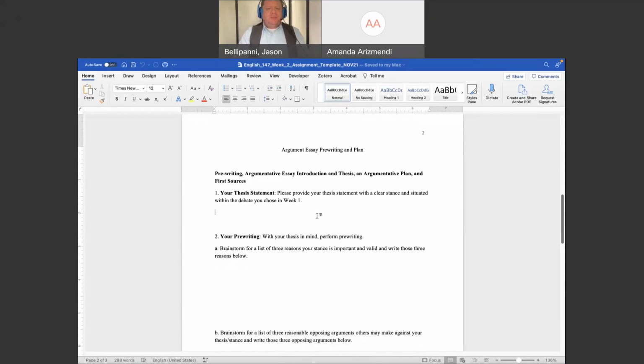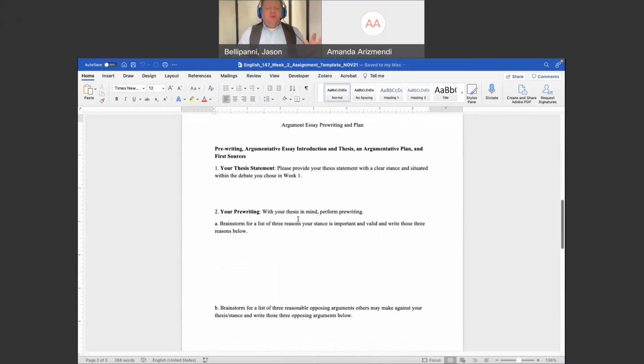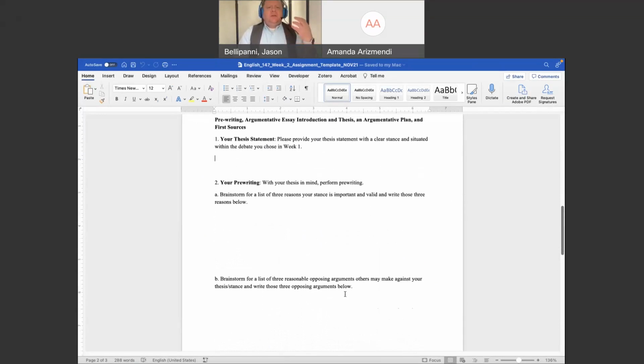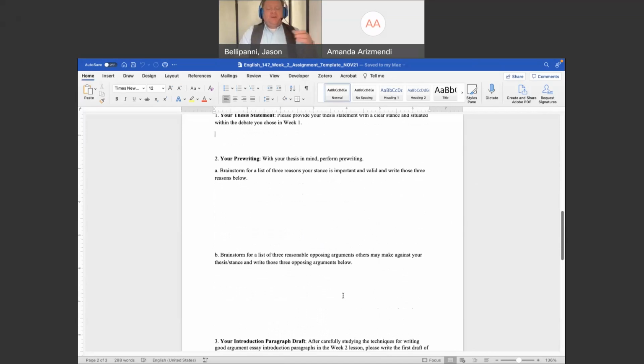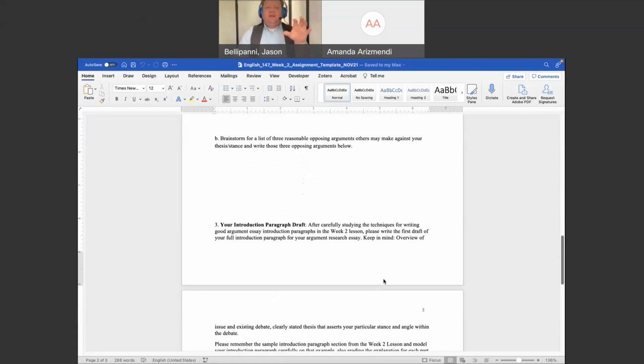So you have your thesis statement you're trying to come up with, which is a clear position. You're brainstorming 3 reasons why your position is important and valid, like why it would matter to write about it. Then you're coming up with 3 reasonable opposing views, like what are things that people might say that oppose you. You're writing an introduction paragraph, so that's the rough draft of the paragraph.